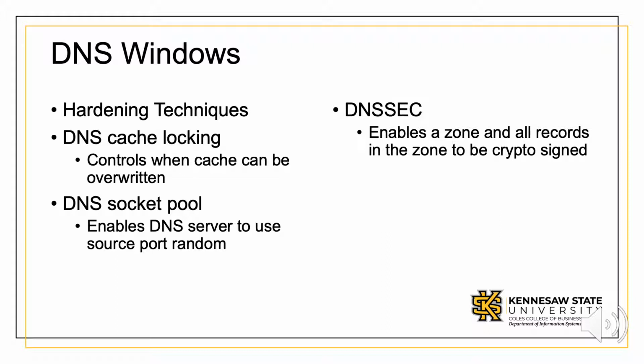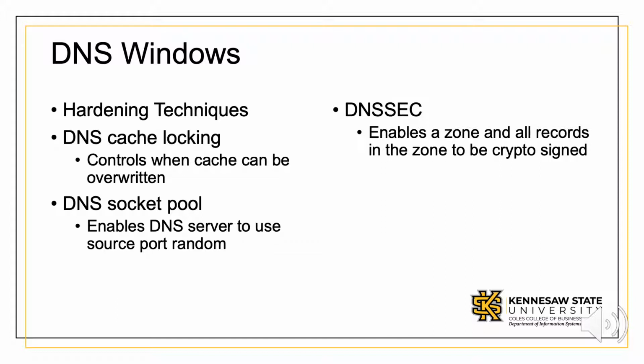Some of the hardening techniques for DNS are cache locking, which controls a person from going in and manipulating the cache, which is stored information. It allows the administrator to see what's happening with the DNS and not allow somebody to go in, make changes, and then delete the cache so that the administrator doesn't know.